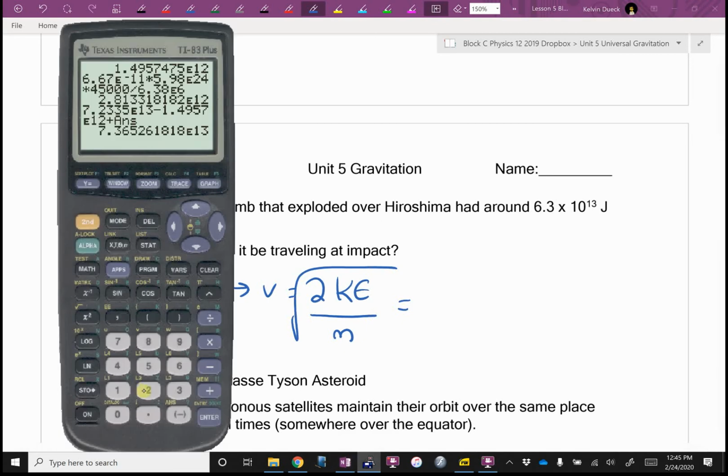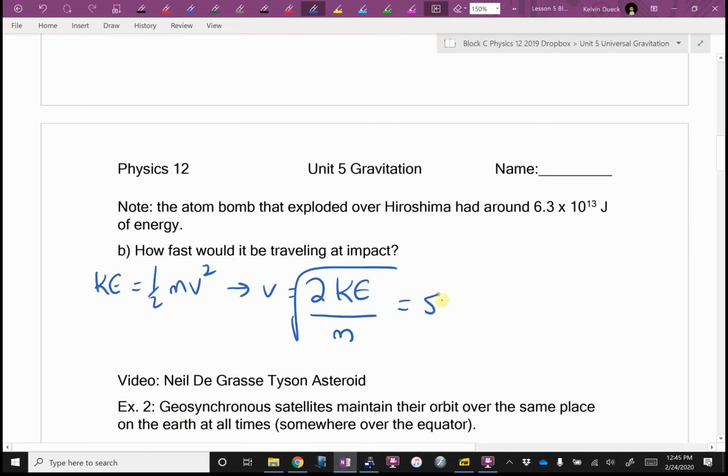So, times by 2, answer button, divide by 45,000, square root. You get 57,200? 57 kilometers per second.